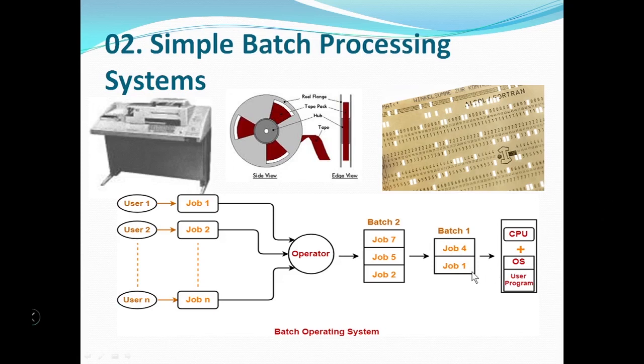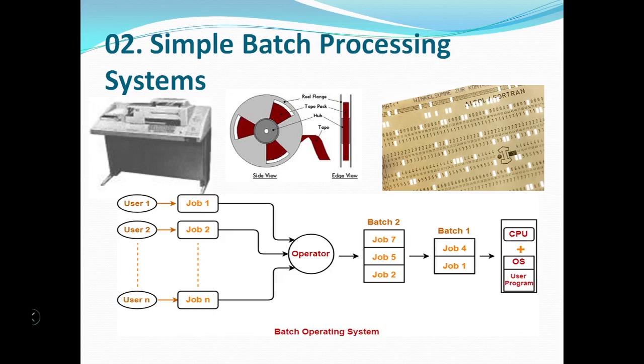So when we want to execute a particular job, it's not a single job that we pass to the CPU. It's a complete batch that we are passing. One other thing about this system is that a special software called the monitor is introduced in this simple batch processing system.